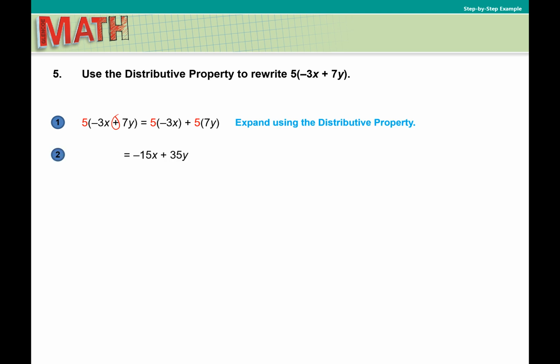And you solve each of those individually. Negative 15x, because we're using the distributive property here too, where it's not just negative 15, but negative 15x. And then 5 times 7 is 35y. So you simplify that out, and that's your answer.